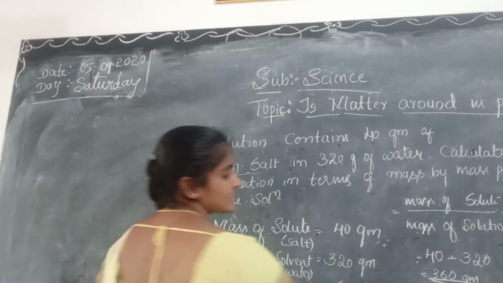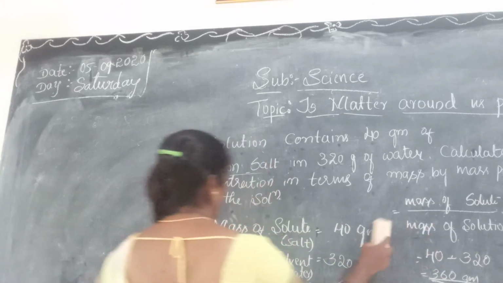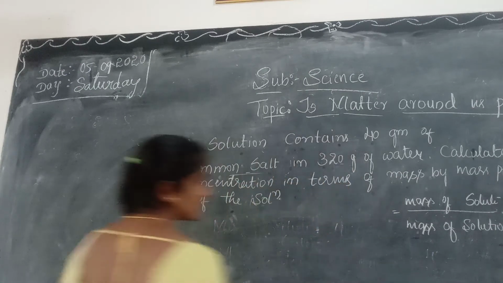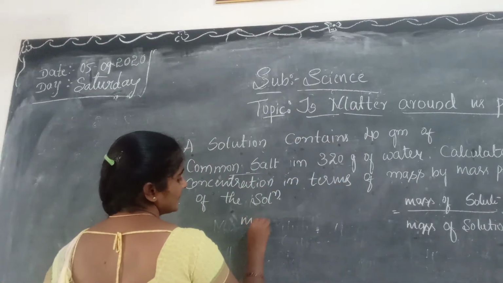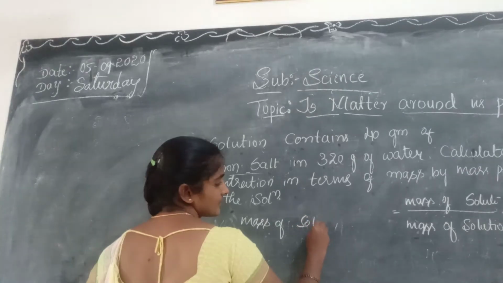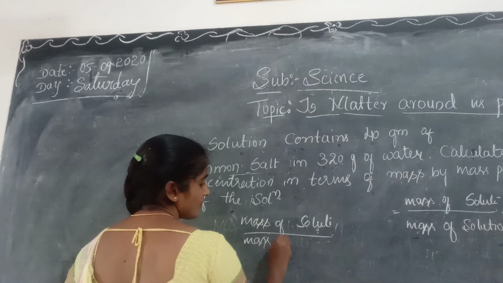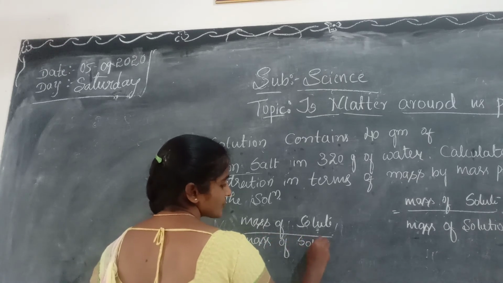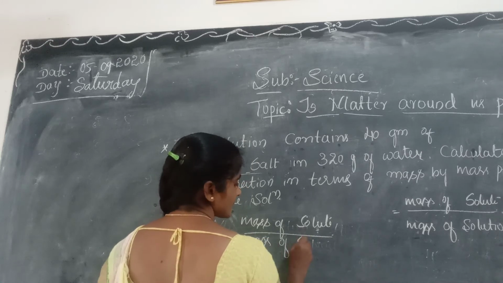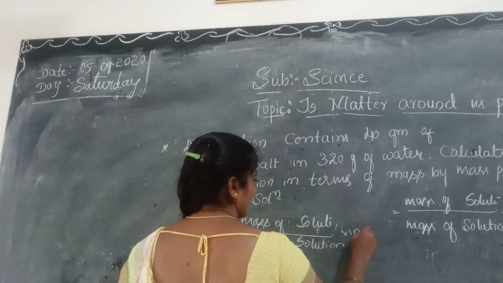Shall we substitute this mass of solution into the formula? So mass of solute divided by mass of solution into 100.